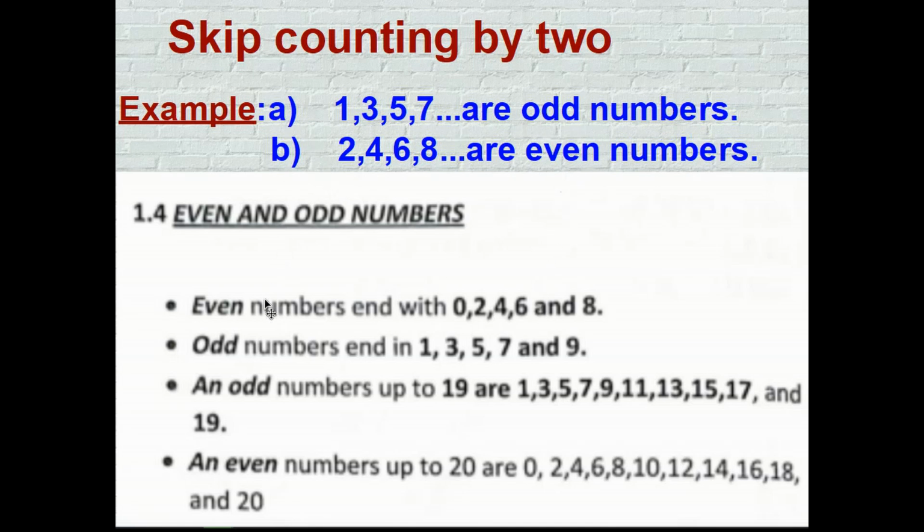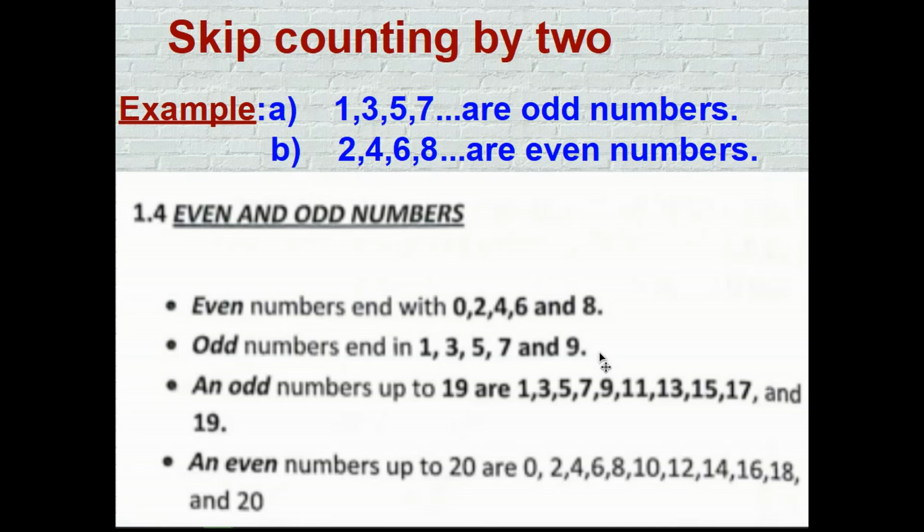When we say odd, let's see it more here. Even numbers end with what? 0, 2, 4, 6, and 8. And also the other definition is what? Evens are numbers that can be divisible by 2.